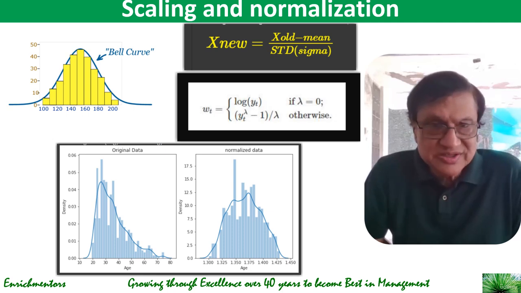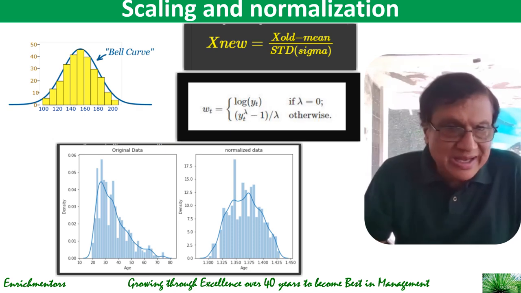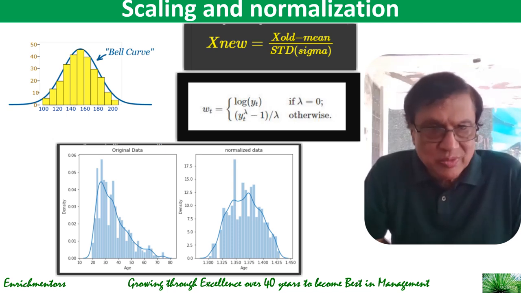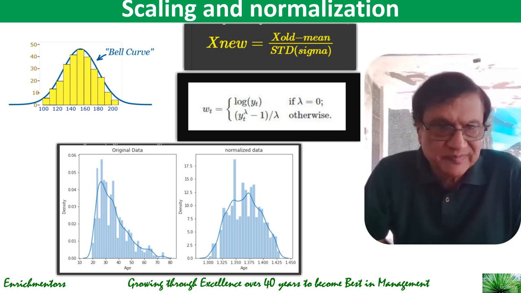At the heart of this technique is an exponent, lambda, which varies from -5 to +5. All the values of lambda are considered and an optimal value for your data is selected. The optimal value is the one which results in the best approximation of the normal distribution curve.